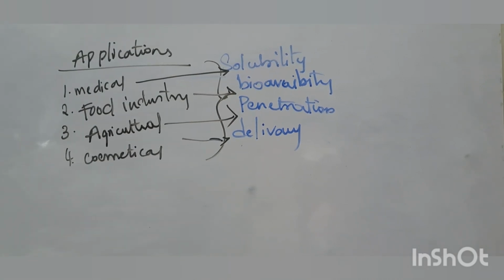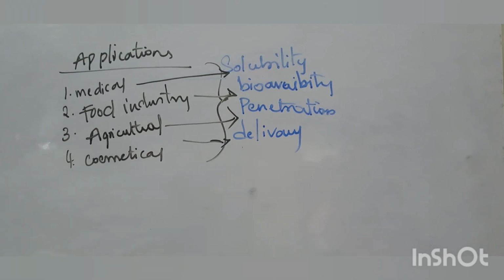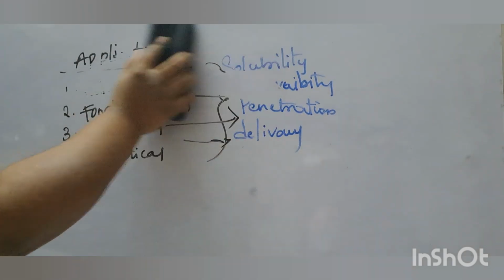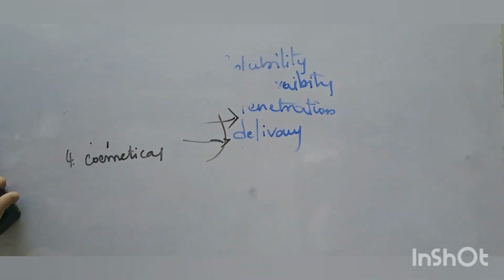For example, in moisturizers and creams, for the addition of vitamins and antioxidants in those products, nano emulsions are used. These are some applications of nano emulsions used by some industries. If you know nanotechnology, then you will know nano emulsions. If you didn't watch nanotechnology, please go and watch, which I already posted on the channel. And these are about nano emulsions.